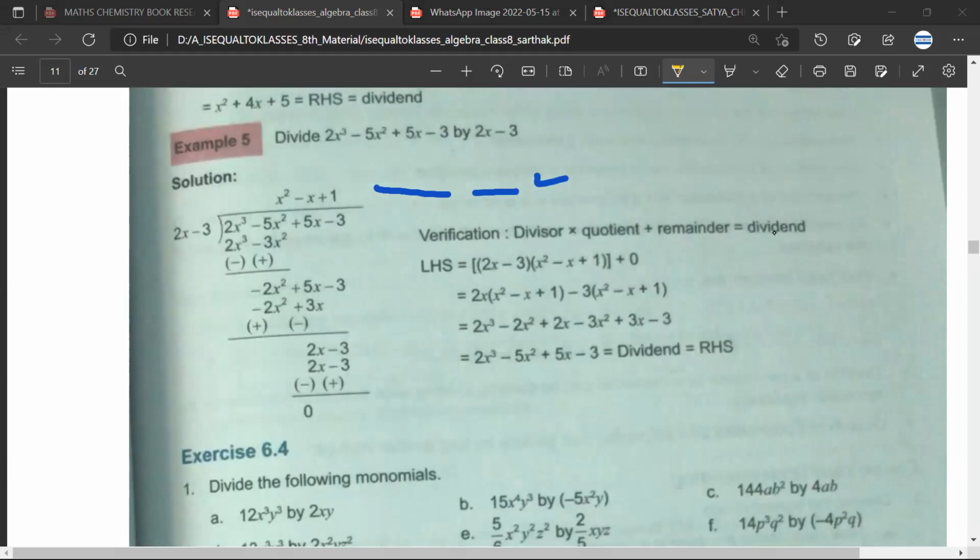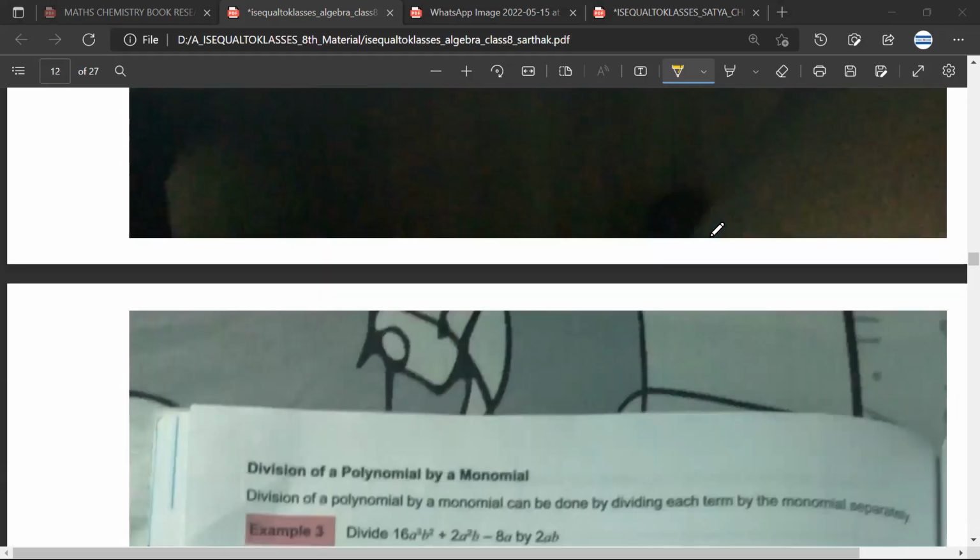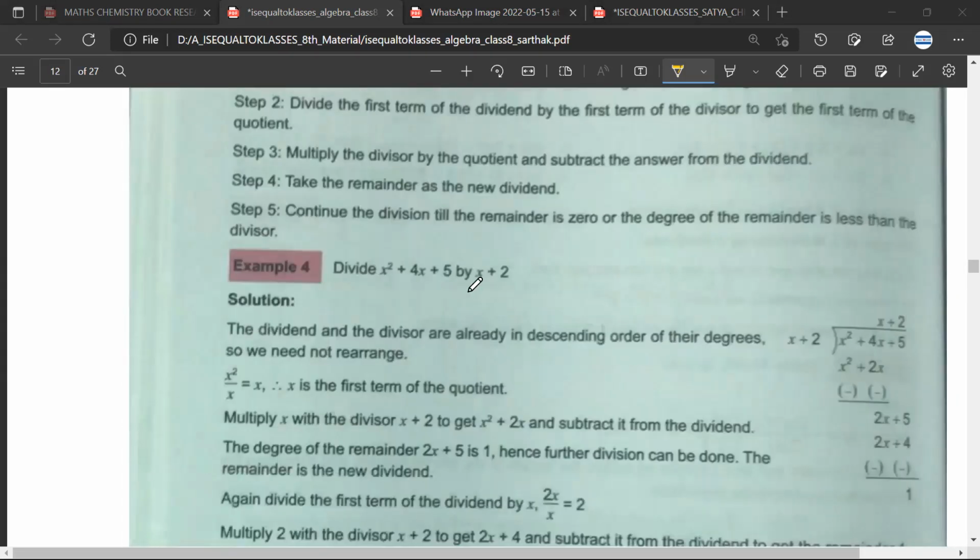This is the second type of question, when the division is by a number like 2x minus 3. If you compare, here the divisor is 2x minus 3, but if you see example 4, the divisor is x plus 2. Can you see the difference? Yes, sir.